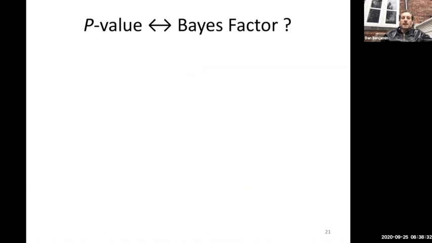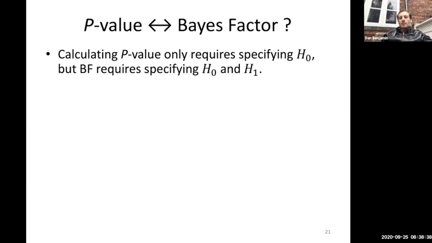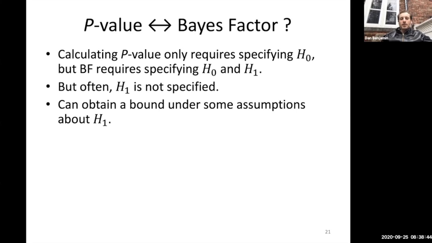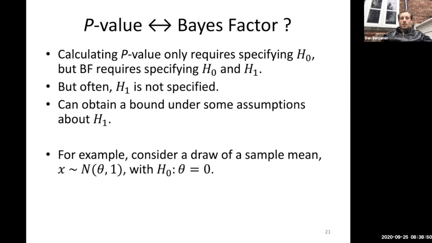So there's not enough information in the p-value to calculate a Bayes factor. But what we can do is calculate a bound under some assumptions about the alternative hypothesis. So here's an example of how we can do it.